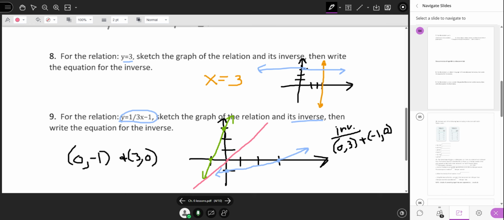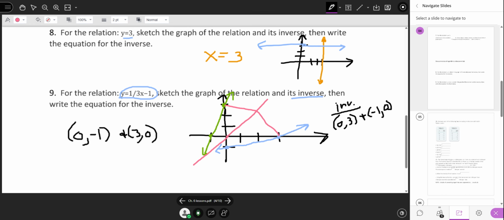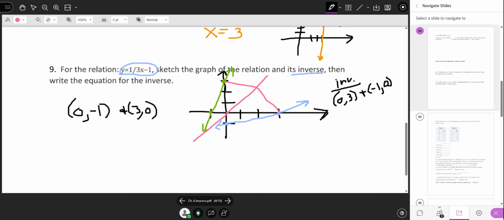These will be exactly the same distance between these two lines and that 45-degree line. I like inverses, and it's so easy to check it.